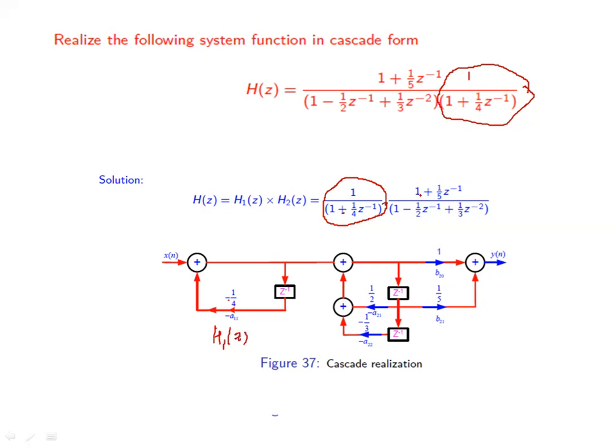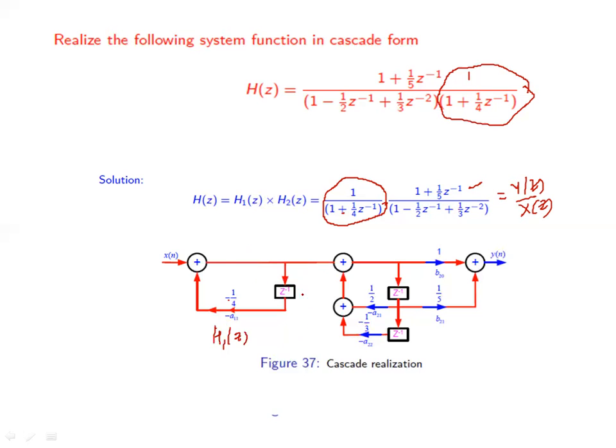And similarly, the second one, this portion is again Y(z) by X(z). So then here the coefficients of y: it is minus 1 by 2, so I am writing it as plus 1 by 2, and this plus 1 by 3 can be written as minus 1 by 3.